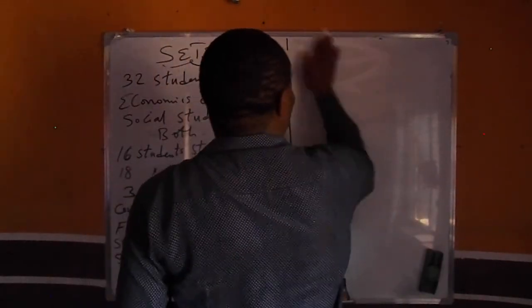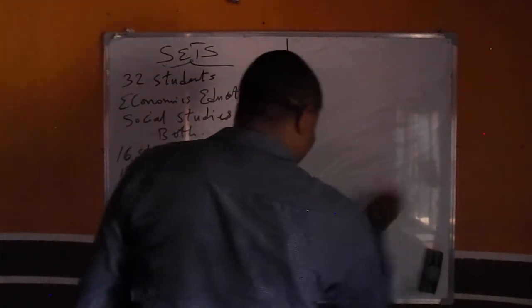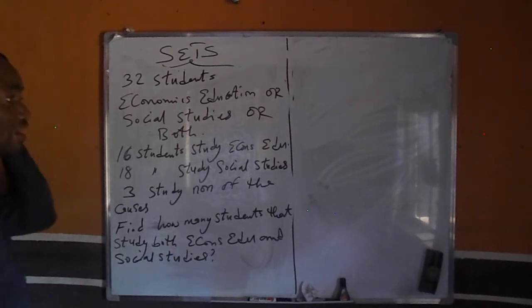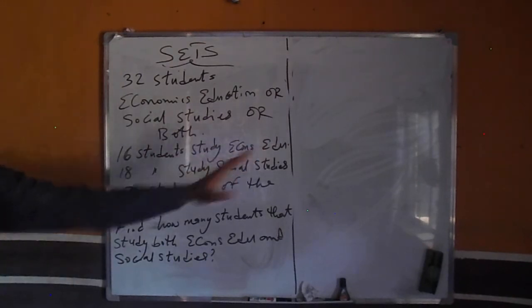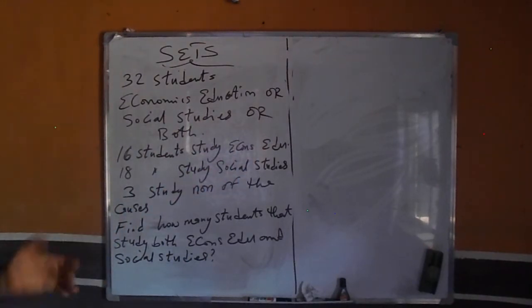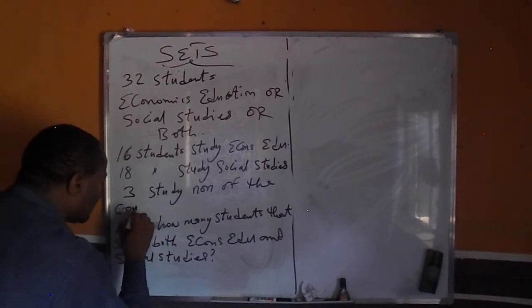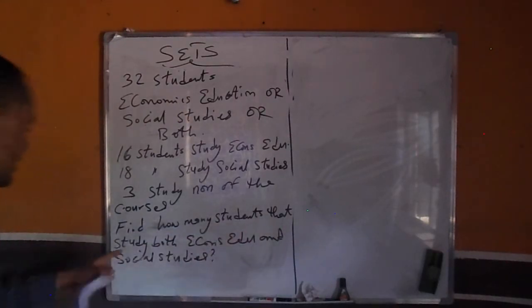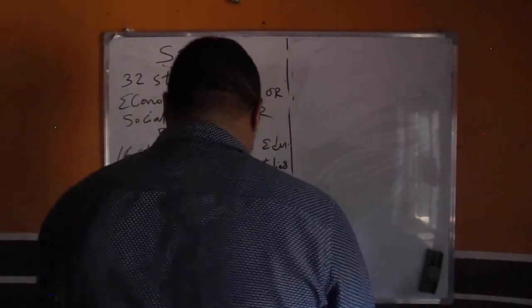The question says, out of 32 students in a classroom of economics education or social studies, or both, 16 students study economics education, 18 students study social studies, and 3 study none of the courses. Find how many students study both.